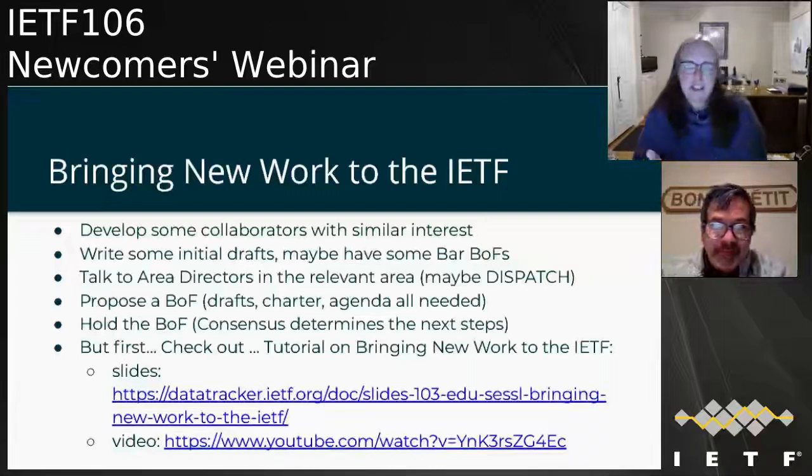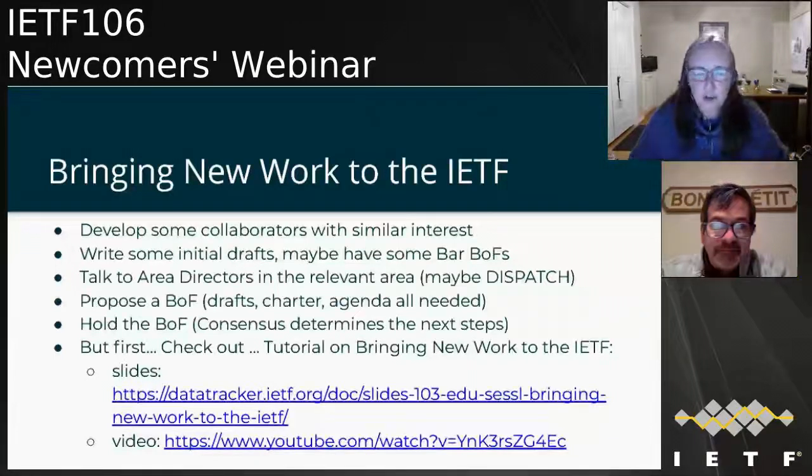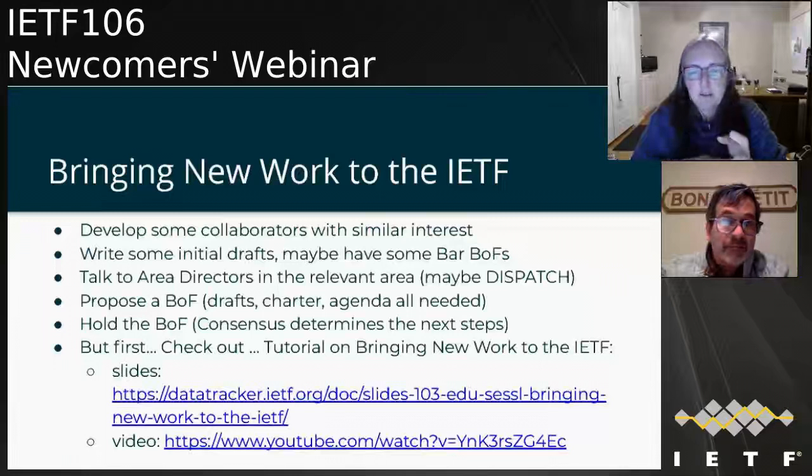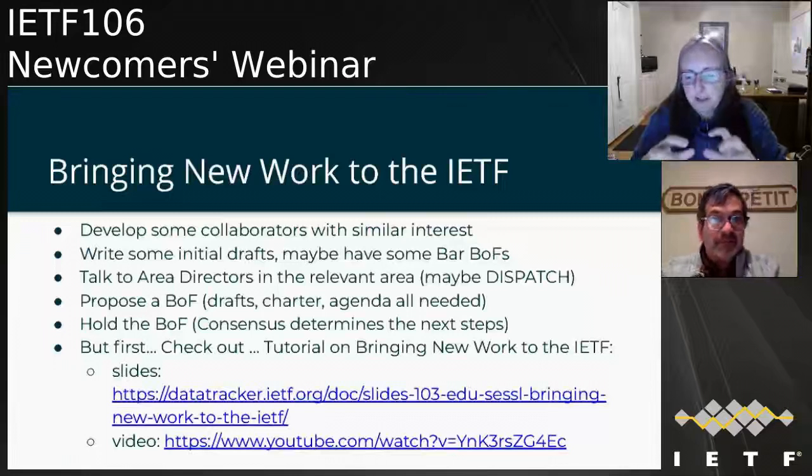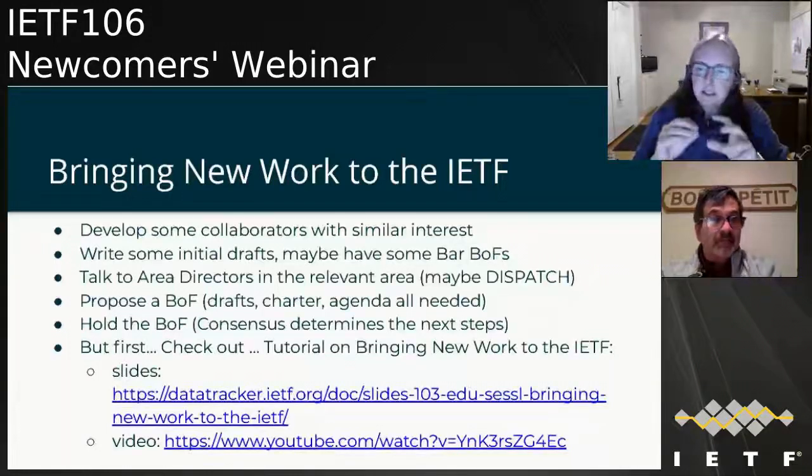So the first thing you really need to do is to expand your collaborators outside of your core group. So you want to find some collaborators that have a similar interest and discuss the idea with them. Then you want to write some initial drafts, maybe have some BarBOFs. And this is all about developing a critical mass of people that think this is a good idea and the time is right to do it.